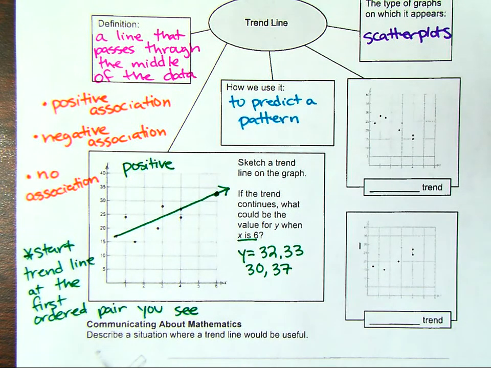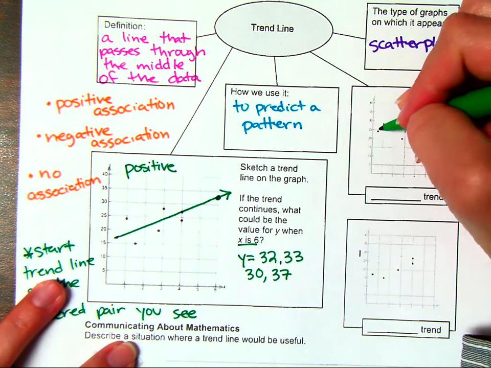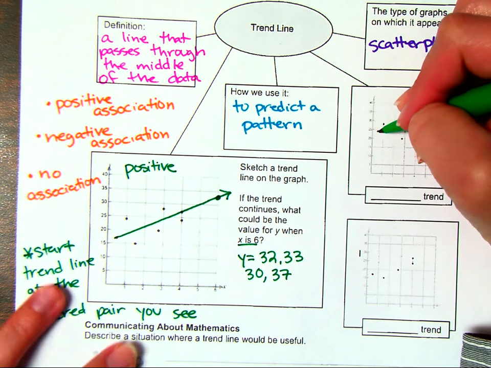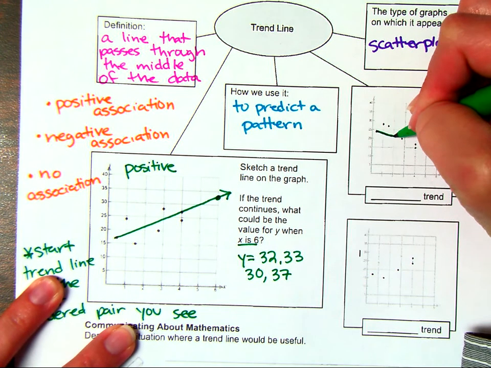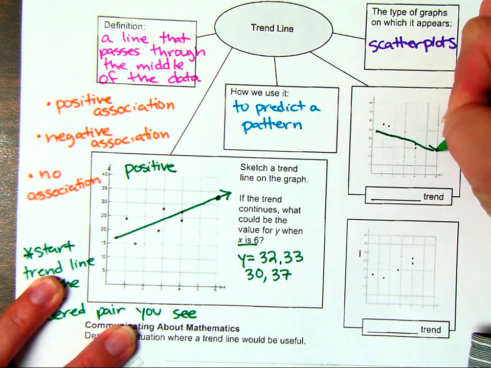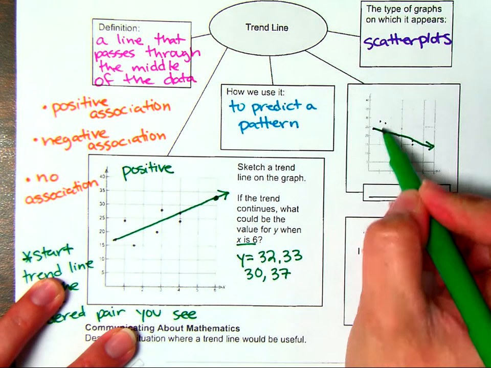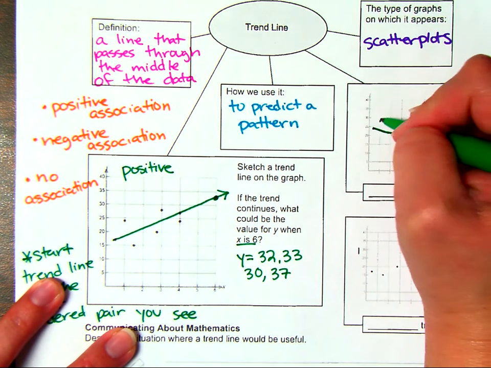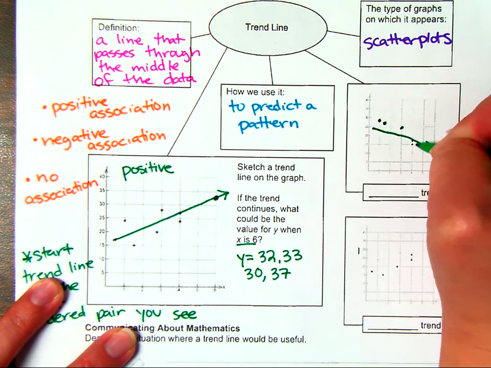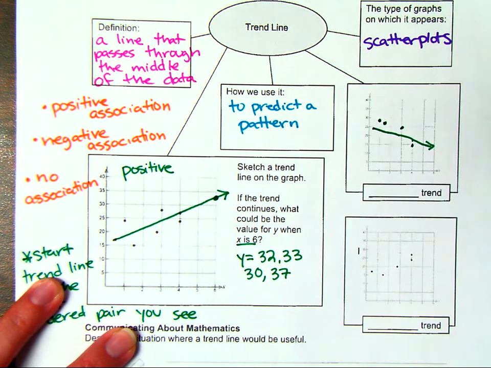If we look over here, we start our trend line over here, and we want to try to get the middle of our data. These ordered pairs aren't hitting that line exactly, but they're around the trend line.